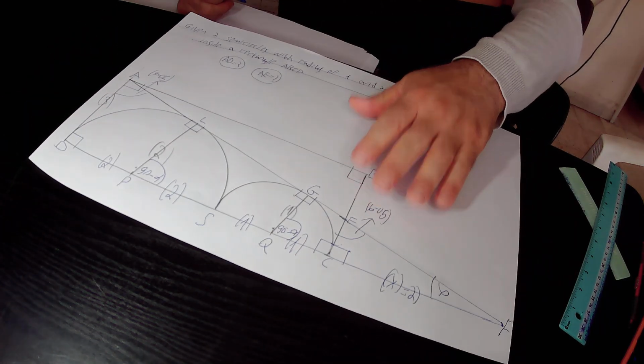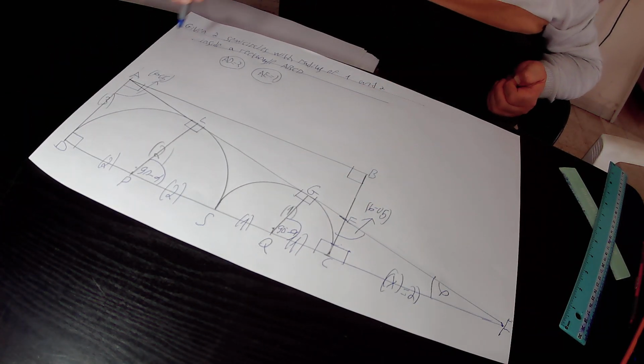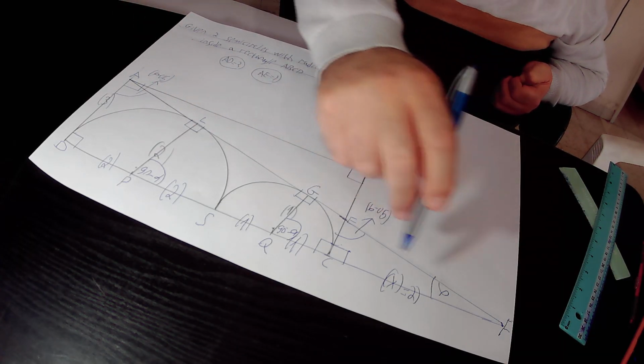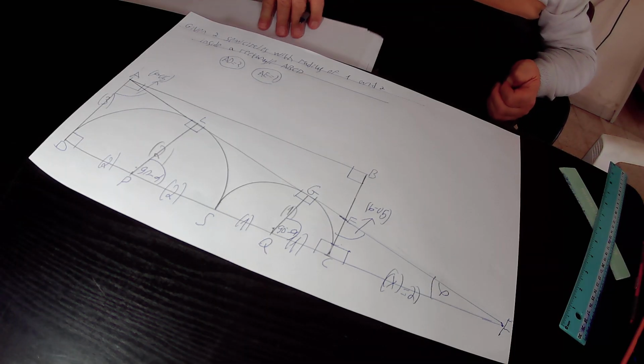In the next step, we'll prove that the big right triangle ADF is similar to this small right triangle ACF. So I write it down.